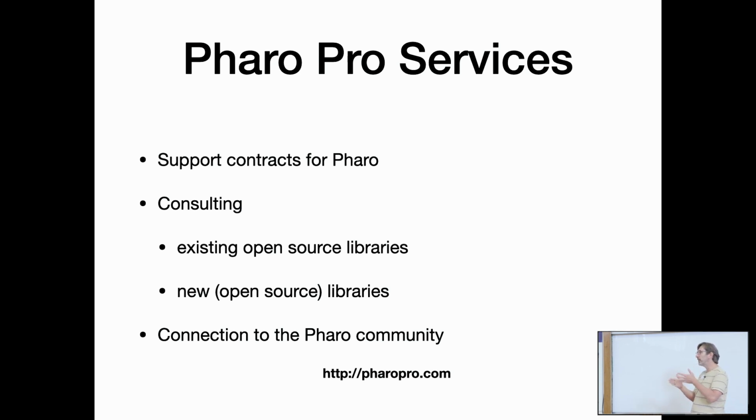And that's something unique, I think. There are strong connections between the association, consortium and Pharo Pro, so that we really can offer decent help for anyone who is willing to do something with Pharo.